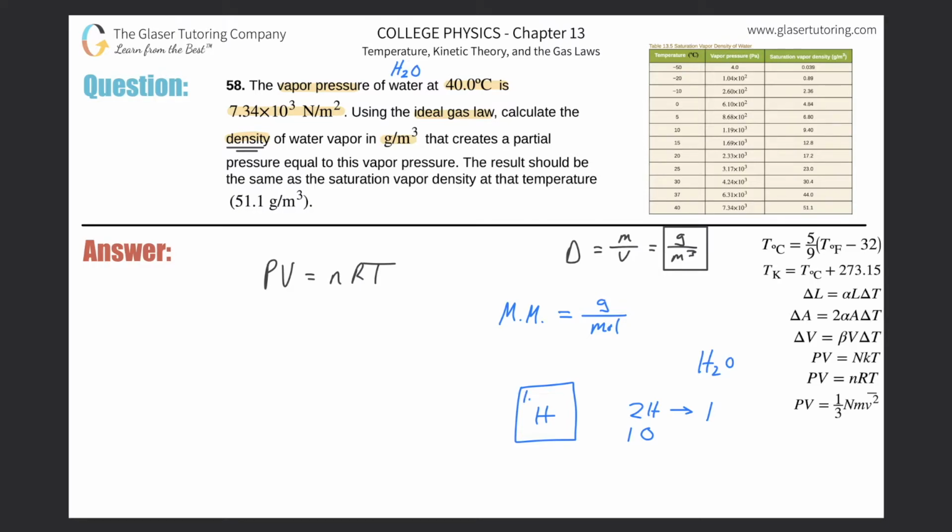It's about 1.008 or something. Just use 1, right? It's close enough. So I know that the mass per mole of a single hydrogen atom is going to be about 1. But since I have 2 hydrogens, I have to multiply it by 2. So I know that this will be 2 grams per mole.